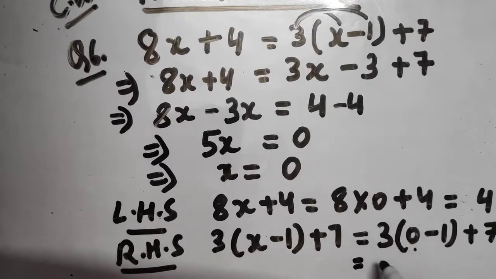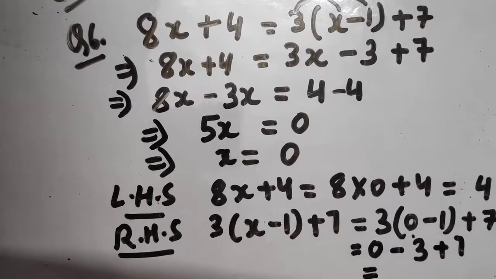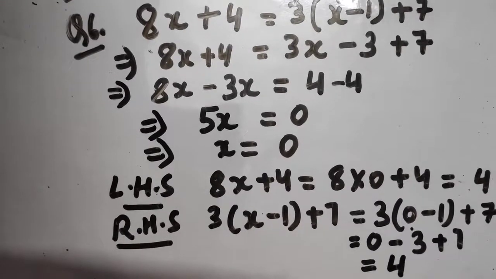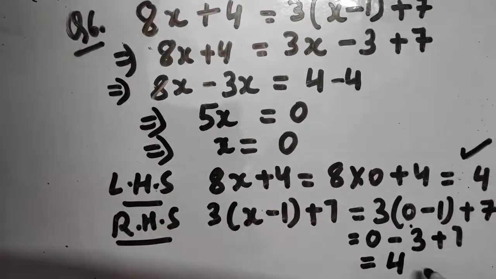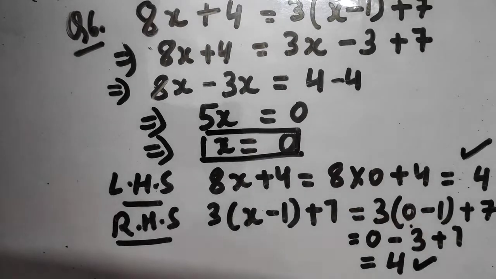So it will be 3 into 0, that will be 0, minus 3 into 1, it will be minus 3, plus 7, and that will be equal to minus 3 plus 7, that will be equal to 4. So you can see left hand side is equal to right hand side, hence verified. So our result, that is x is equal to 0, is correct, as we have done the verification part also.